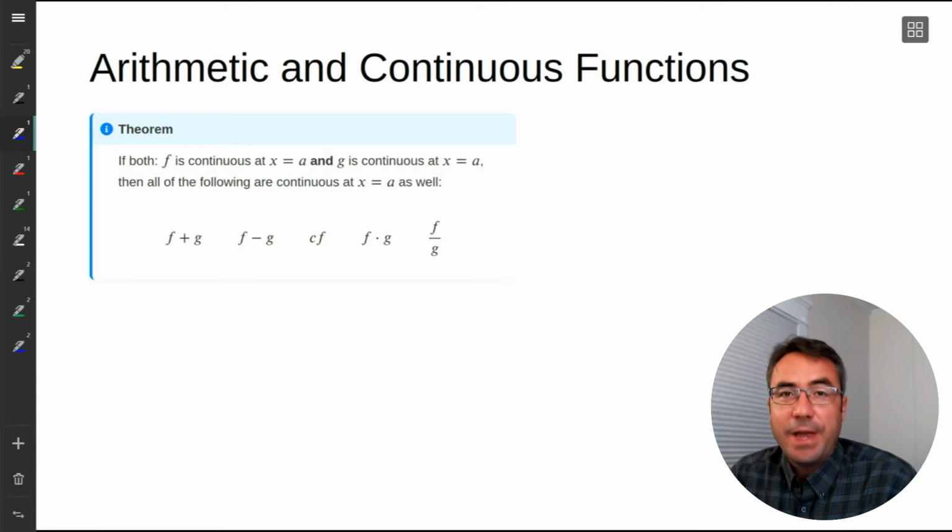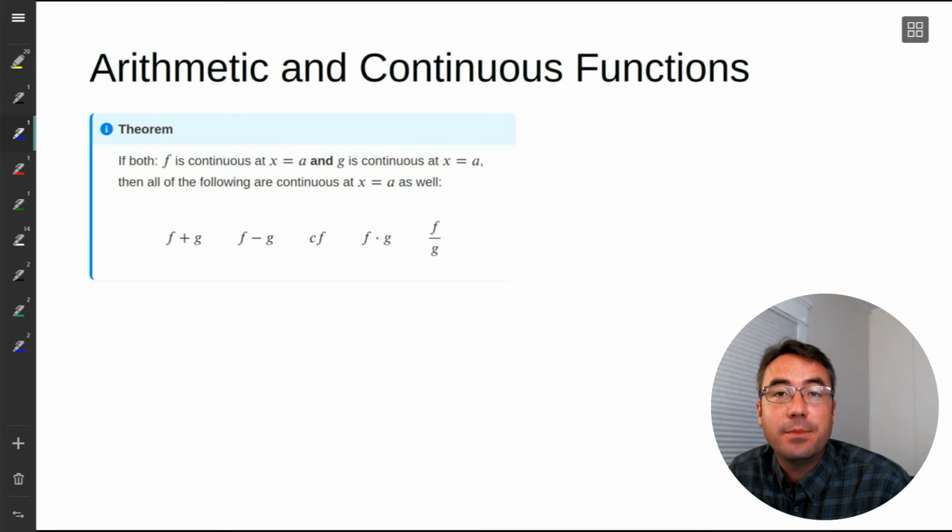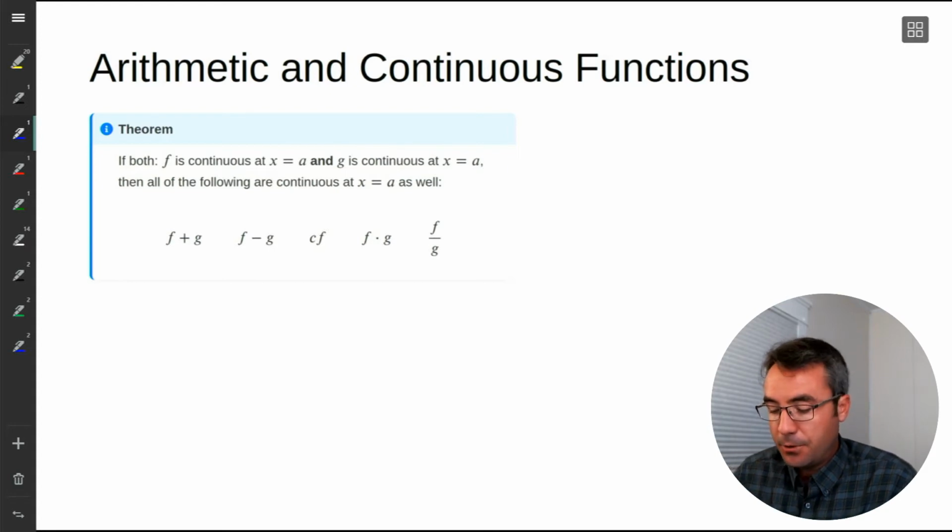All right, so we have that list of elementary functions, but a lot of times we use our usual arithmetic operations to combine them to form new functions. And so we have this result that says if we have a function f that's continuous at x equals a, and another function g which is continuous at x equals a, then we can combine them using addition, subtraction, constant multiplication, multiplication and division, and the result is still continuous at x equals a.